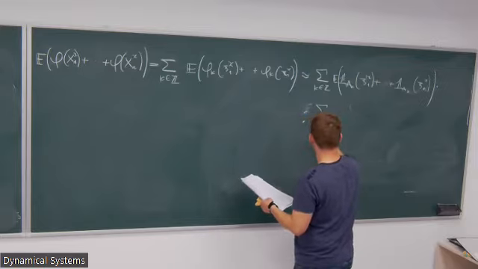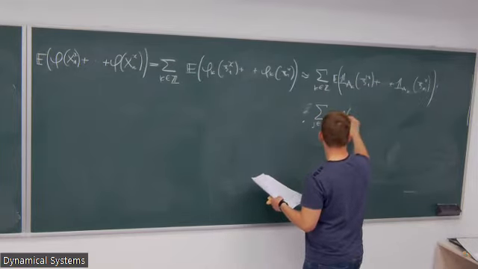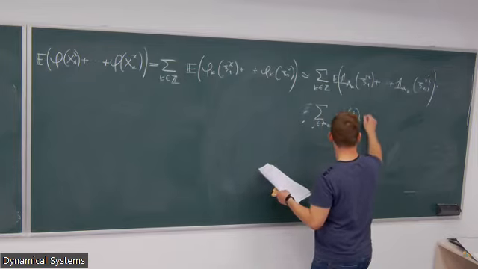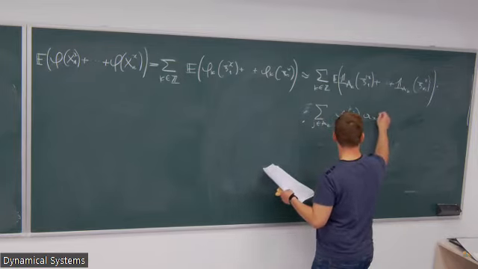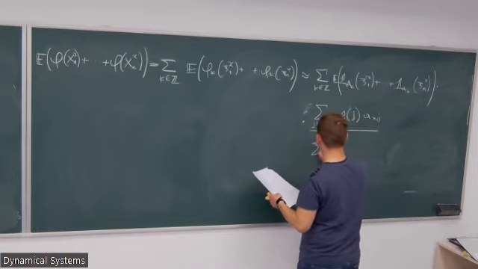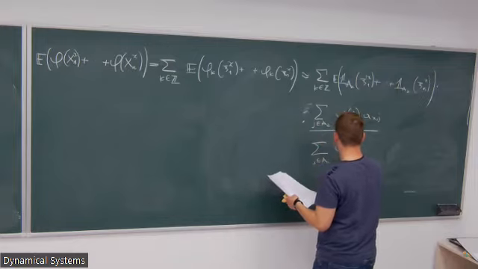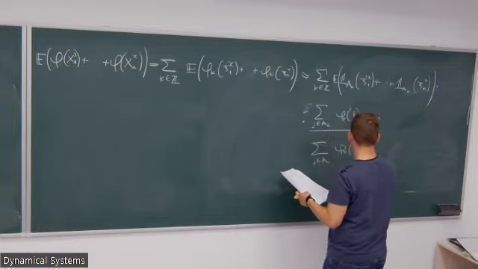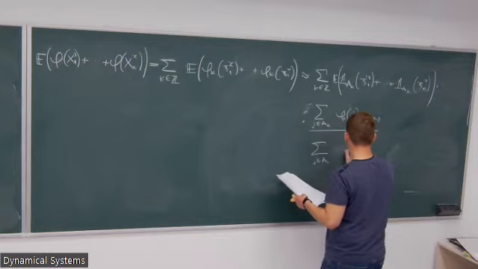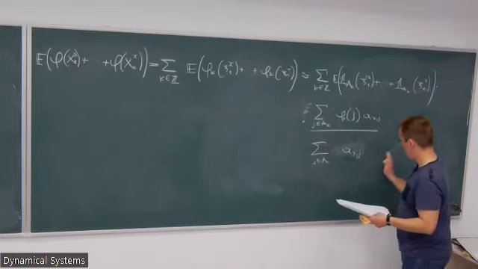times the sum over all j in A_k of phi_k(j) times a(x_j).